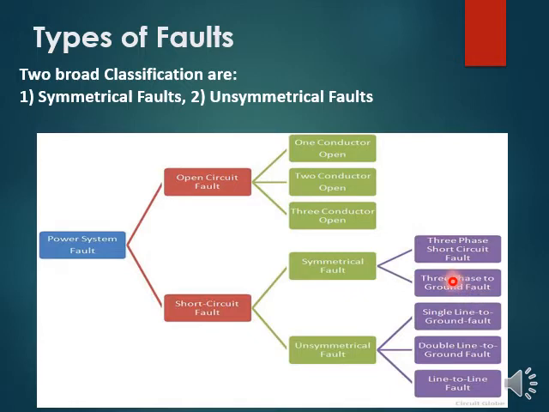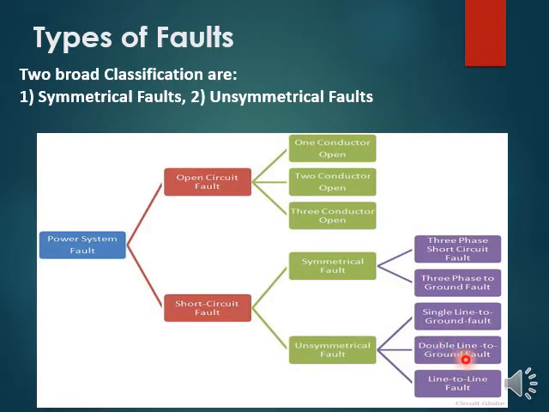In the first, all three phase lines are shorted together and create a fault. In the second, the three phases are grounded and make a fault with the ground. In the case of unsymmetrical faults, we have the single line to ground fault, where any one phase makes a fault with ground.